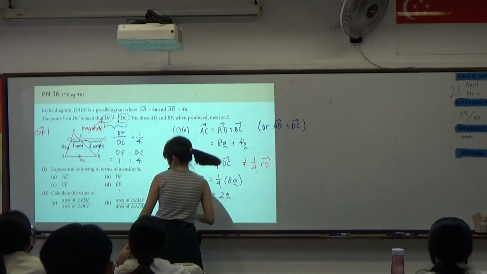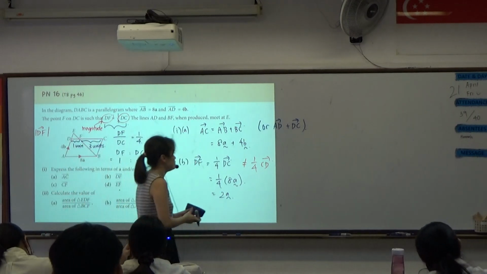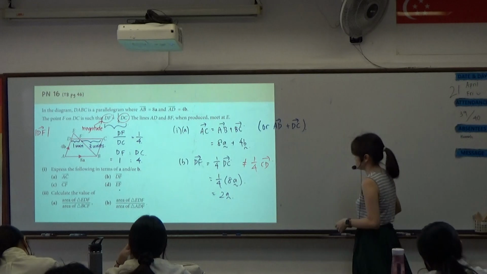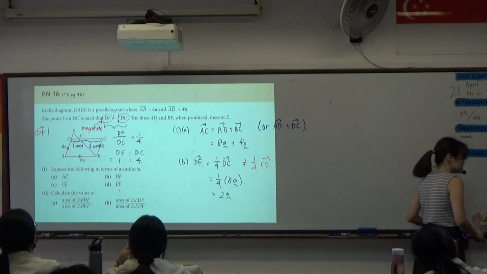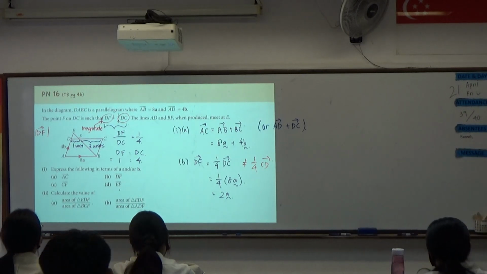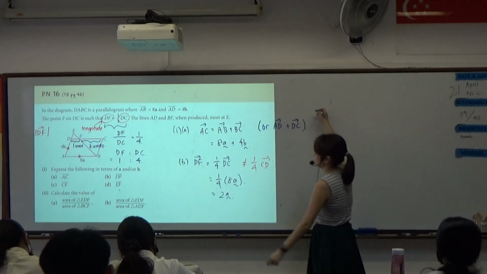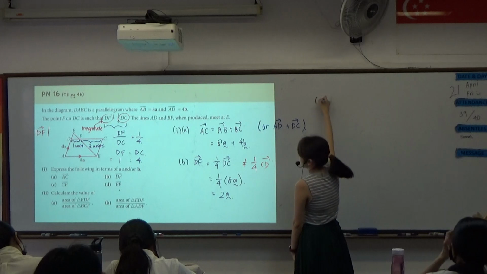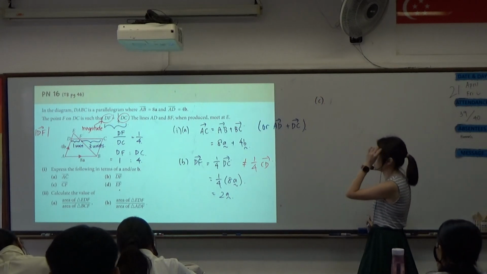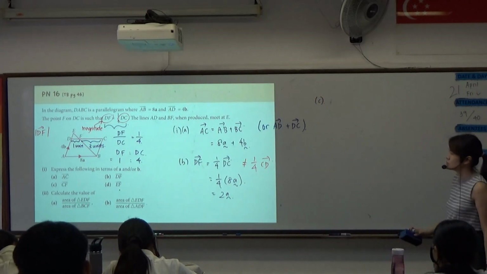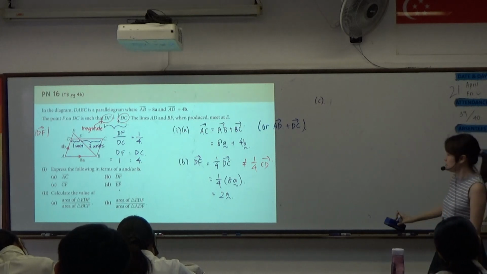And hence we see that DF is equal to 2A.